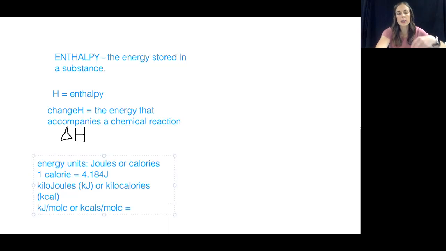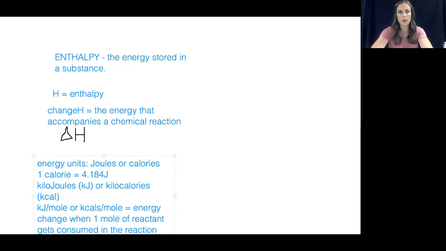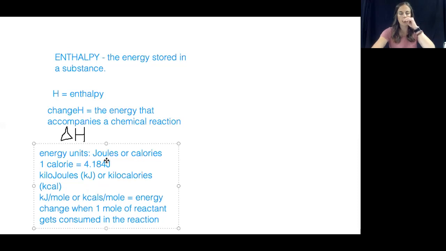And these units just indicate the energy change when 1 mole of reactant gets consumed in the reaction. I'm just going to move this up a little bit so you can see it. Okay, so you'll see kilojoules per mole or kilocalories per mole when the energy change is representing 1 mole of reactant getting consumed. So you might see that too, just so you'll be familiar and know what that means.